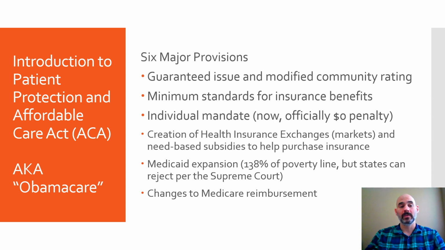And so the Affordable Care Act said you have to provide health insurance to everybody regardless of whether or not they have pre-existing conditions, and you're not allowed to take those pre-existing conditions into account when you set their premium, since we're using the modified community rating system. Now, there are some factors that insurers are allowed to consider.